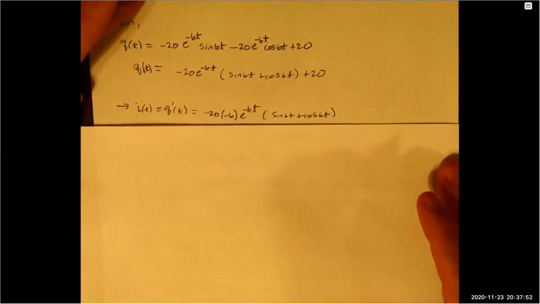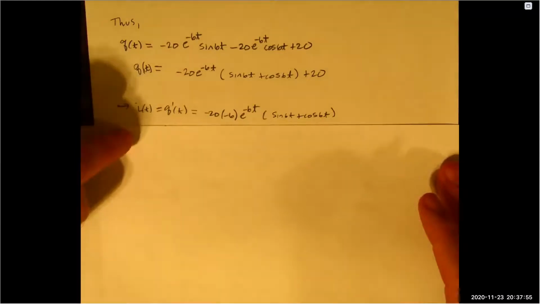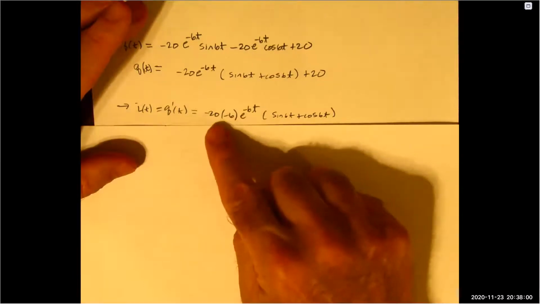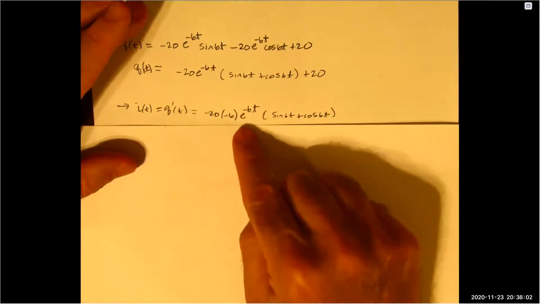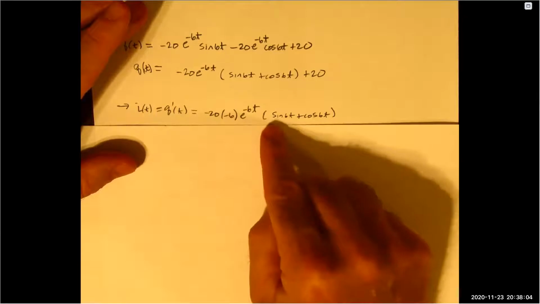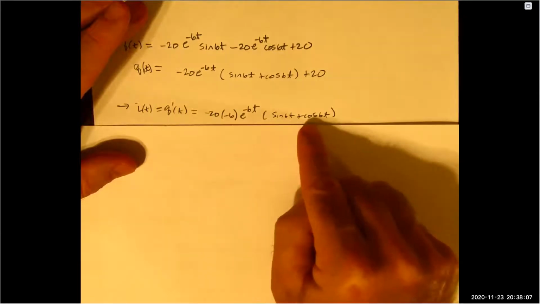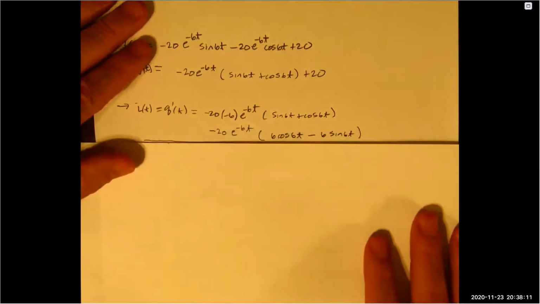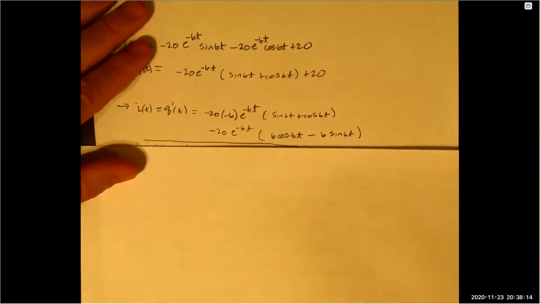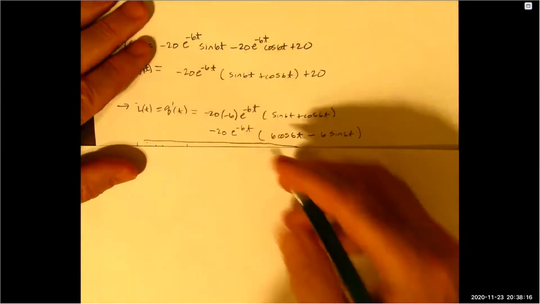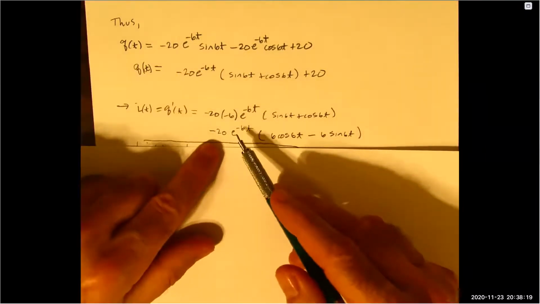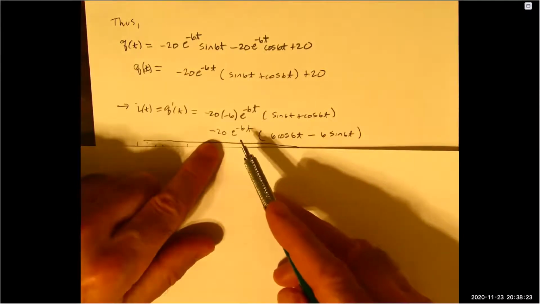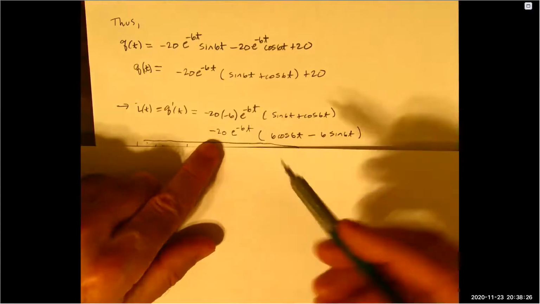So now let's find the derivative of the charge, which is the current. And so we're going to get minus 20 e to the minus 6t times e to the minus 6t times the sine of 6t plus cosine of 6t, plus we're also going to get, differentiating the second part, minus 20 e to the minus 6t.